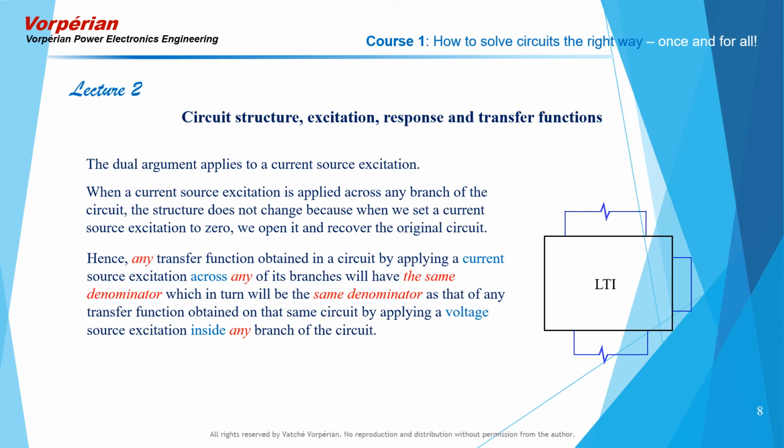There you go. When you set the excitation to 0, the voltage source becomes 0, a short circuit, and you recover the original network again.